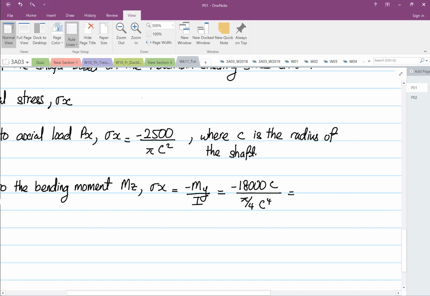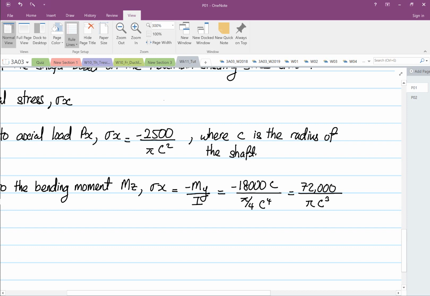So this will become 18,000 times 4, 72,000 divided by pi c cubed.